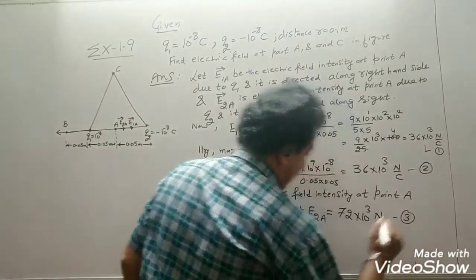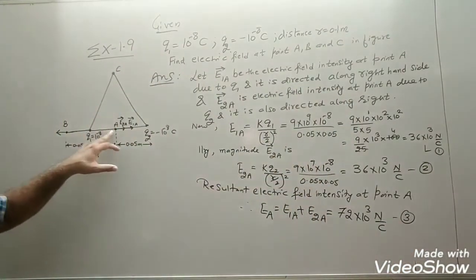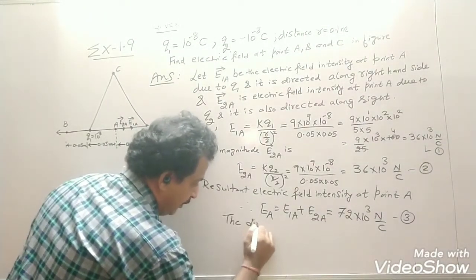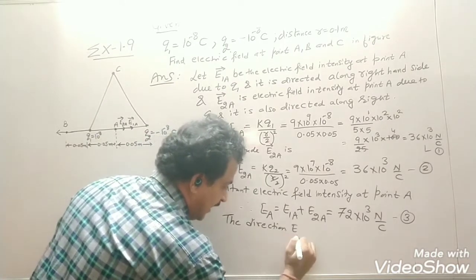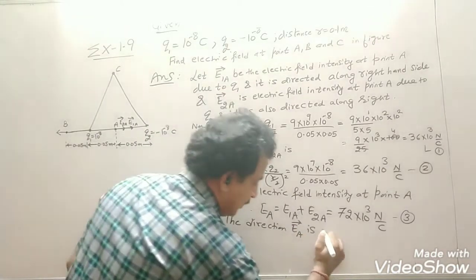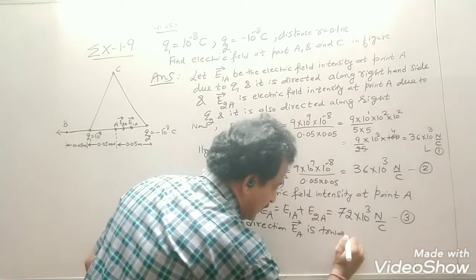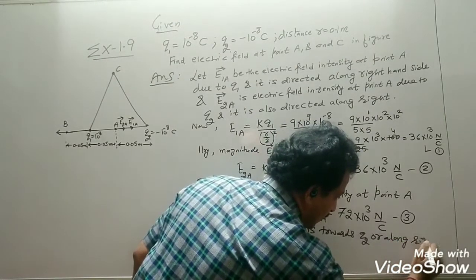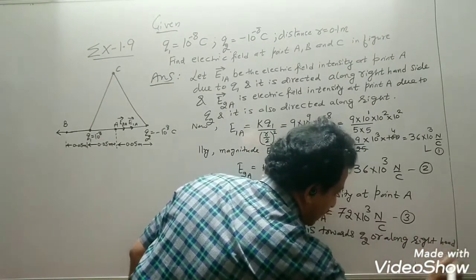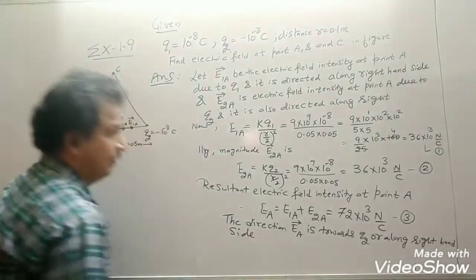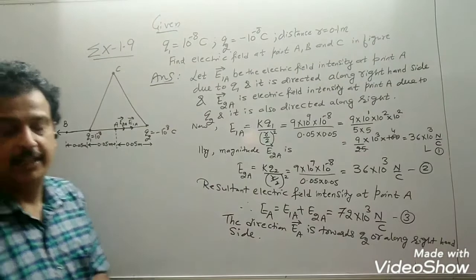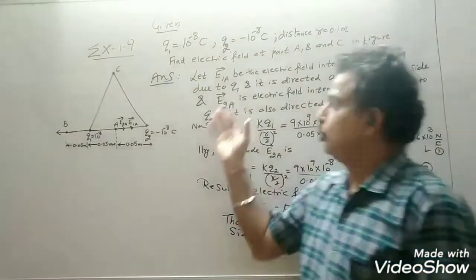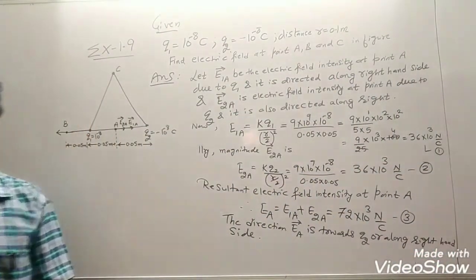This is our equation 3, as well as the resultant electric field intensity at point A. The direction of EA vector is towards Q2 or along the right hand side. So this is how we find the electric field intensity at point A due to charge Q1 and Q2.